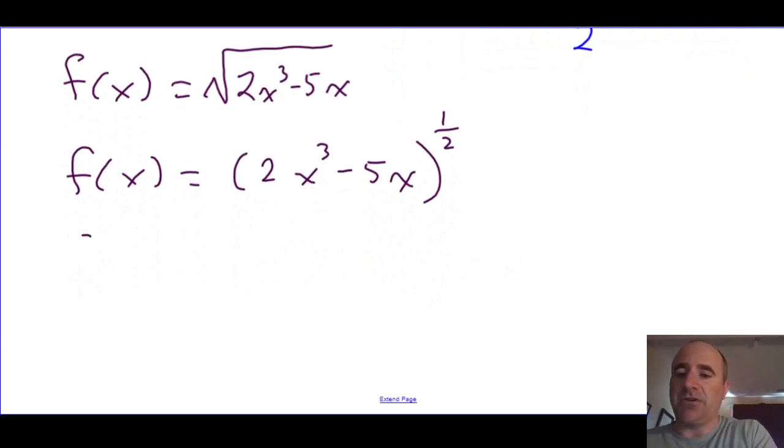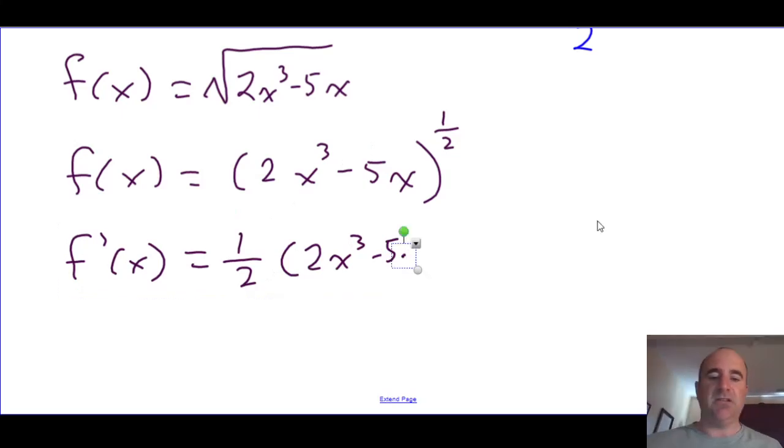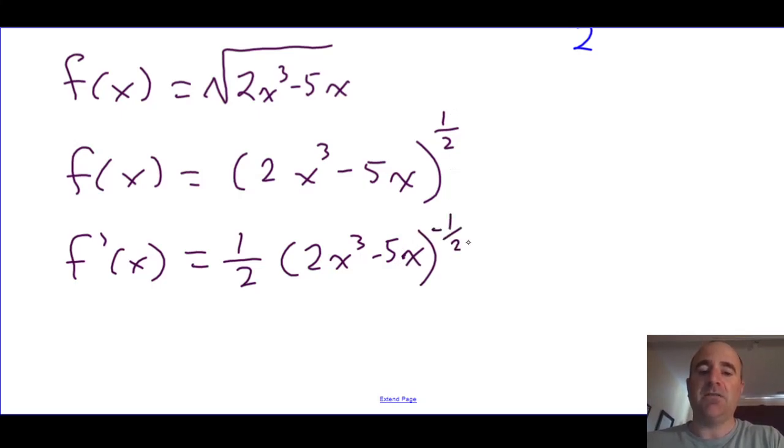Now I'm ready to try the derivative, f prime of x. So bring the 1/2 down. You get (2x squared minus 5x), and what's a little more interesting here is when you do that, a half minus 1 gives you a negative half. Multiply that by this derivative here, which is 4x minus 5.